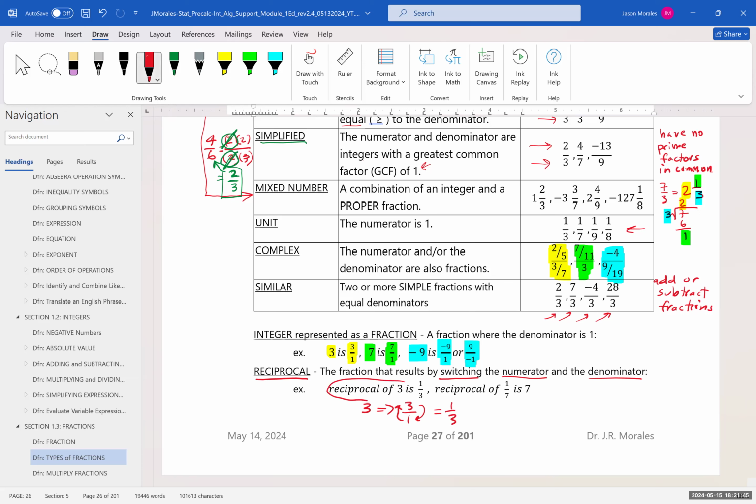So the reciprocal of 3 is 1/3. And likewise, if we started with 1/7 and we take the reciprocal, we switch numerator and denominator, that would give us 7/1. And we can write 7/1 as just 7. So the reciprocal of 1/7 is just 7. Okay. Reciprocal is something that we're going to see also later in this course.